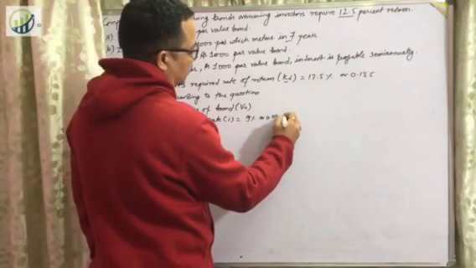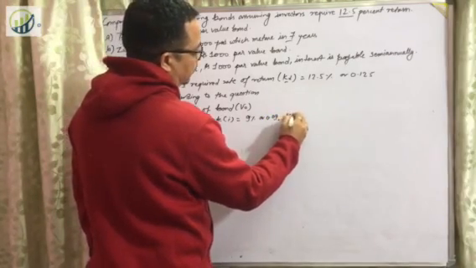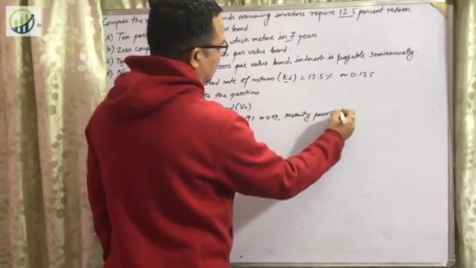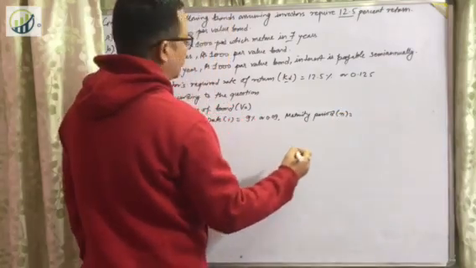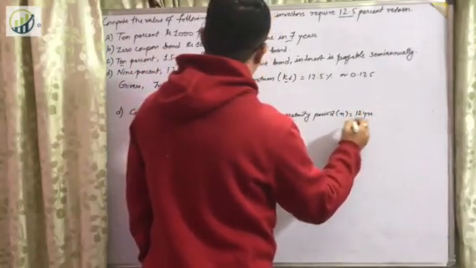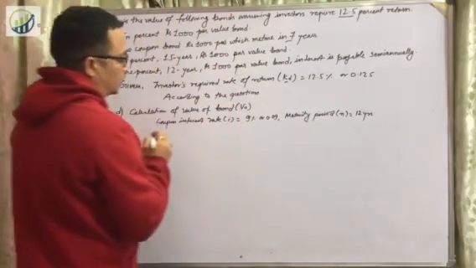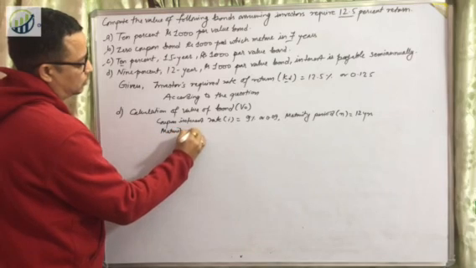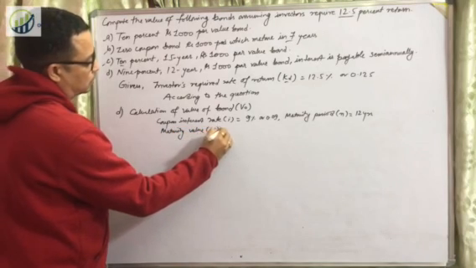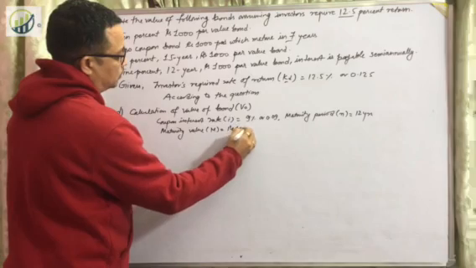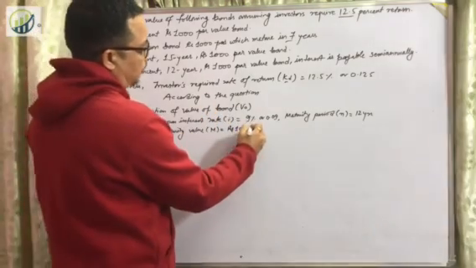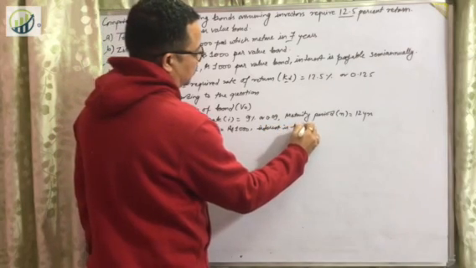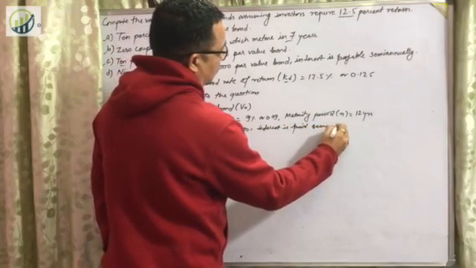Then you have maturity period, that is your N, 12 years, and then you have maturity value, par value, rupees 1,000, and the interest is paid semi-annually.